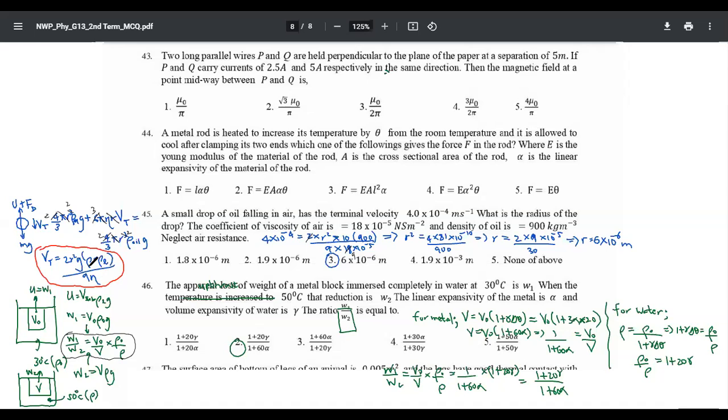So this doesn't work for every situation. If they have given you radius and density of object, density of the liquid and everything, this really works. And in this case, I have taken the density of air, the fluid in which the object is falling, as almost 1. Air's density is 1 compared to 900 is negligibly small, so we can ignore it.